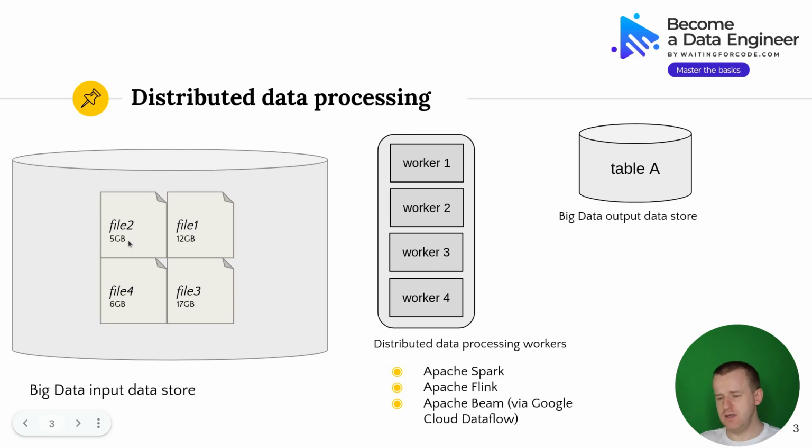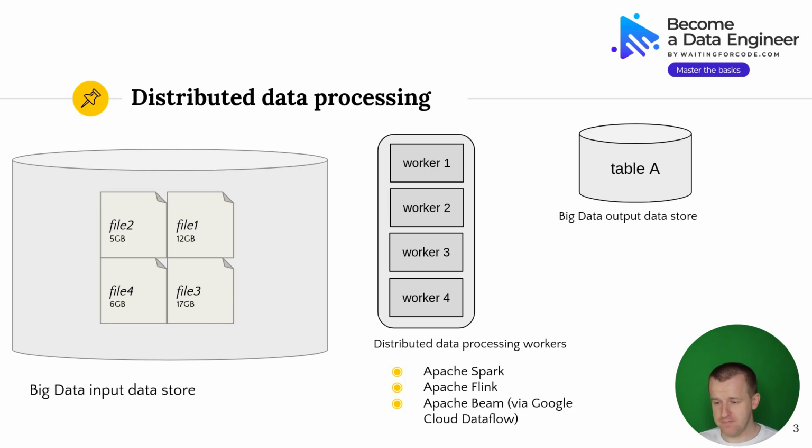So if you don't balance the work correctly, then one worker will have much more work to do than the others, and probably this worker will define the data processing time of your job. Here we would like to have a more balanced distribution so that we can have a shorter running data job.